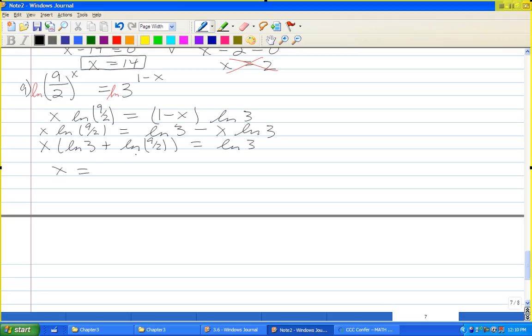So x is equal to ln 3 over, that's ln 27/2, but I can certainly simplify that more, but let's say ln 3 plus ln of 9 over 2.